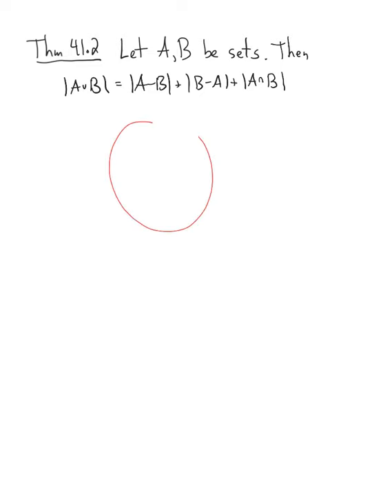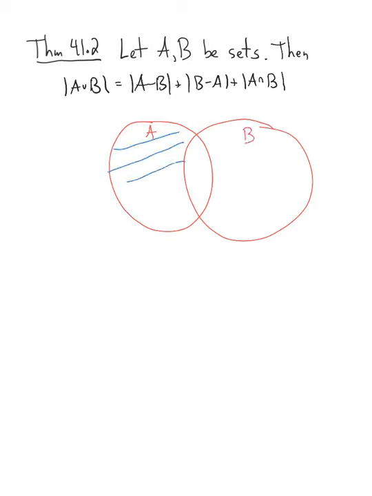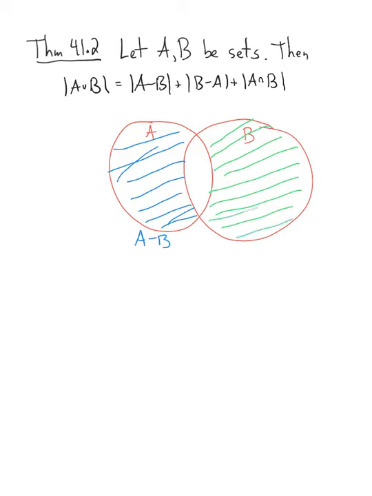And we can kind of see that with a Venn diagram. Let's draw it. So here's A, here's B. Well, A minus B is all this stuff in blue. So this is A minus B. B minus A is everything in B that's not in A. So this is B minus A. And the intersection is obviously this stuff.